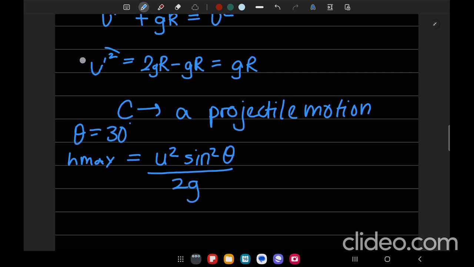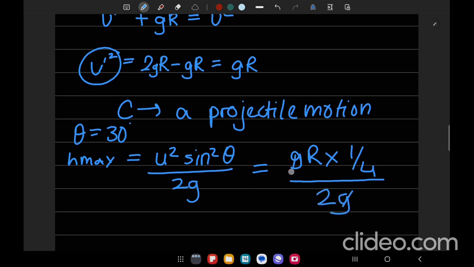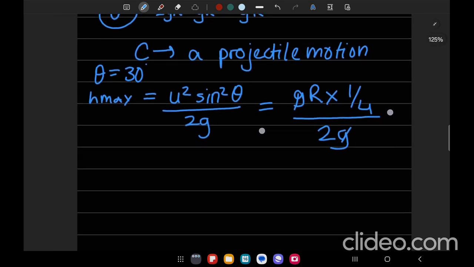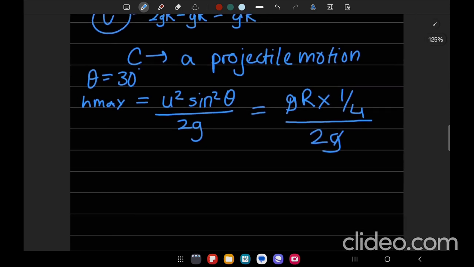So we will get the square value. Let's put this in, and we get gr times sine square 30 degrees, which is 1 by 4, and below there is 2g. The g and g get cancelled, so we are left with only r by 8 here. So h max becomes r by 8.